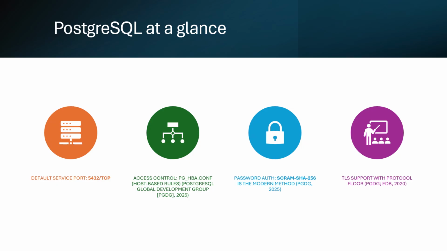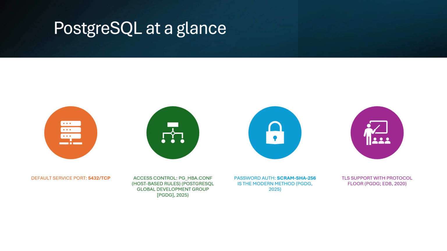PostgreSQL by default listens on TCP port 5432. Its access control uses a file called pg_hba.conf, which maps clients' IP ranges to allowed users, databases, and authentication methods. Modern versions of PostgreSQL support SCRAM-SHA-256 as the preferred password method, which is much stronger than legacy MD5.